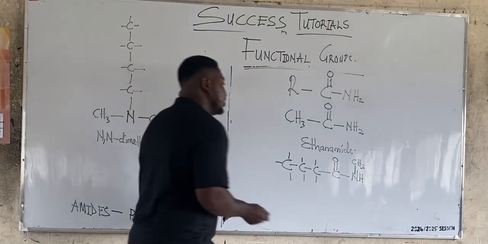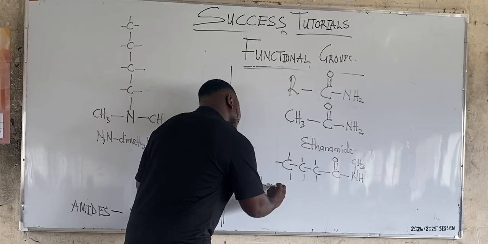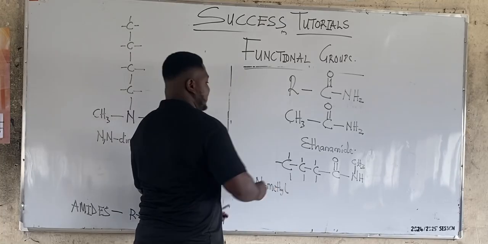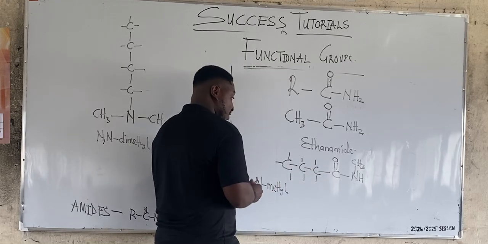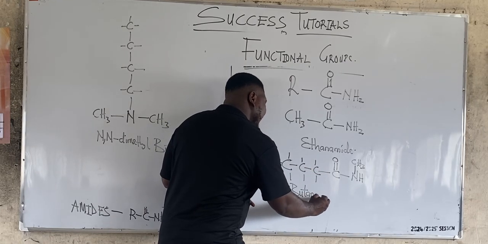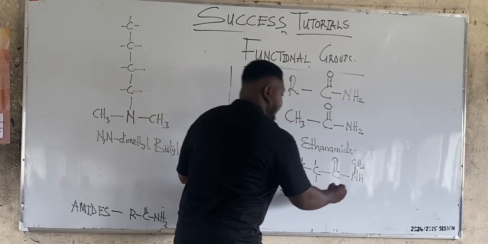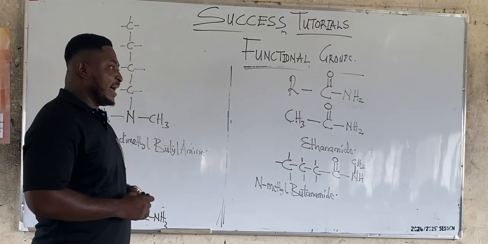This alkyl group is methyl, so we're going to say N-methyl. How many carbons are on the longest chain? 1, 2, 3. N-methyl butanamide.